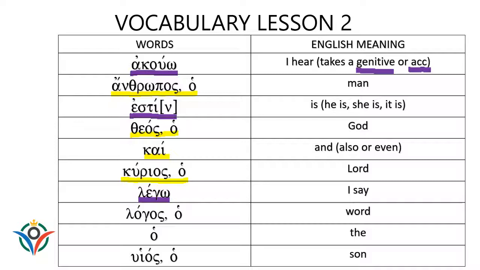Next we have logos ha, which is word. And then we have ha, and this is the first article that you are learning. So let me write that there, article, and that means the. And then finally we have huios ha. Notice the rough breathing marks, we put an H in front of it, and that means son.